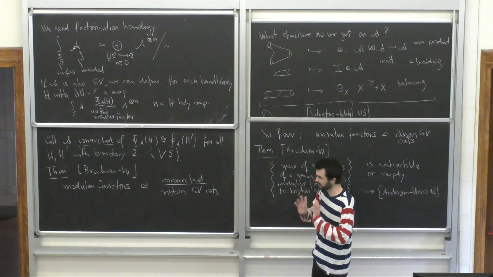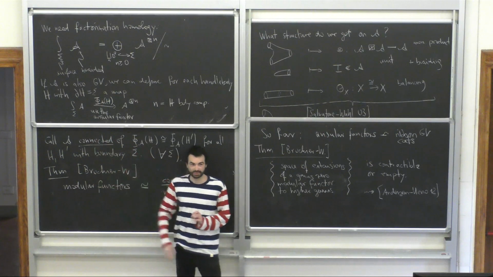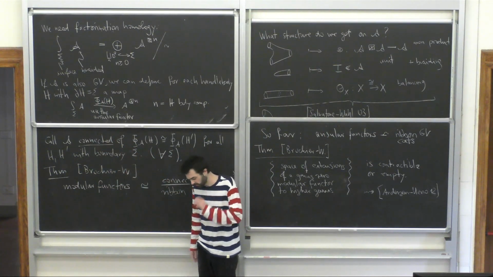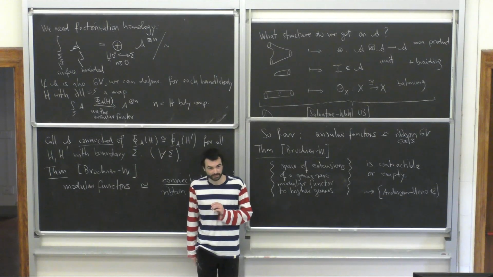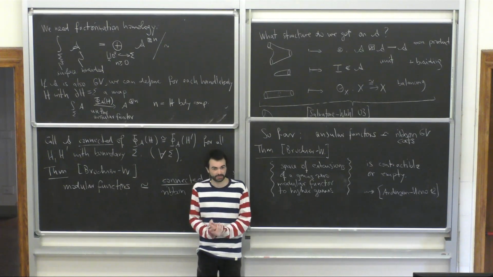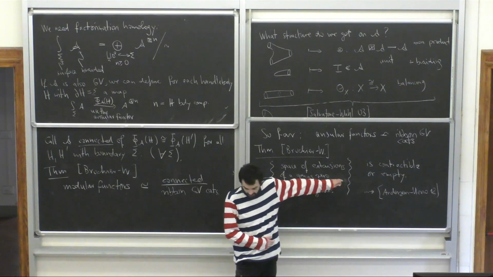If the category has that, then this implies this, and then you get a modular functor. Modular categories, even if they are not semi-simple, are an example of this, and so it would have to coincide with Lyubashenko's construction because we have the uniqueness statement.